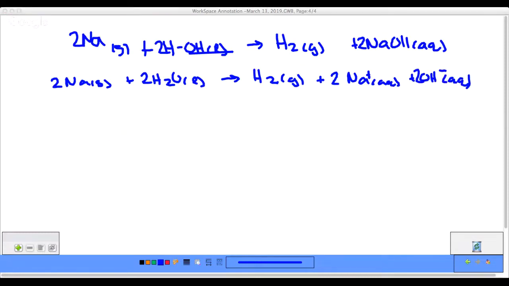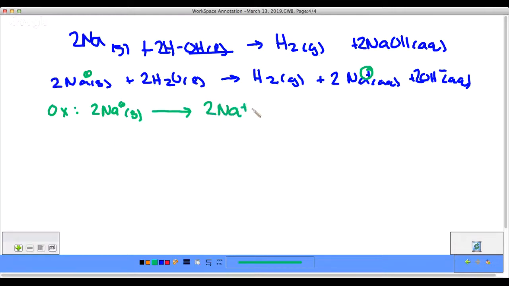So what we need to look at is our charges that are happening here. So what we see is sodium has a 0 charge and it goes to a plus charge. So what that means is it's being oxidized, so it's losing an electron. So if I write down my oxidation, what that's going to look like is 2 sodium solid, and it's going to produce 2 sodium ions, and those are aqueous, plus 2 electrons.